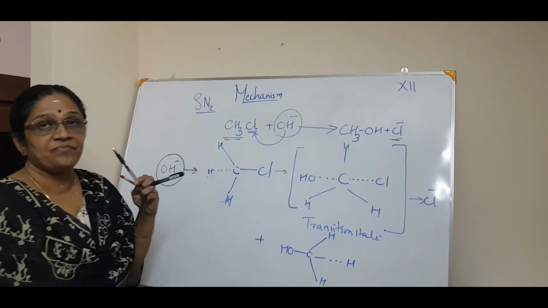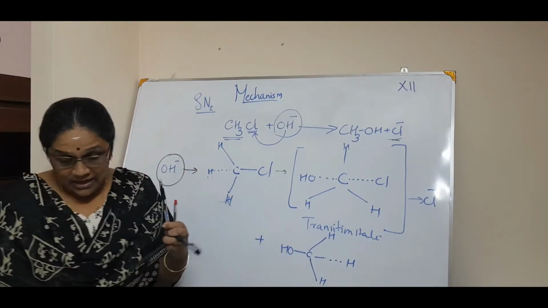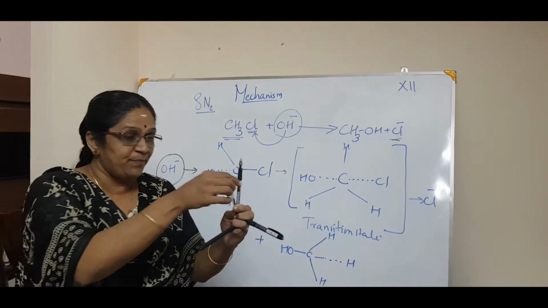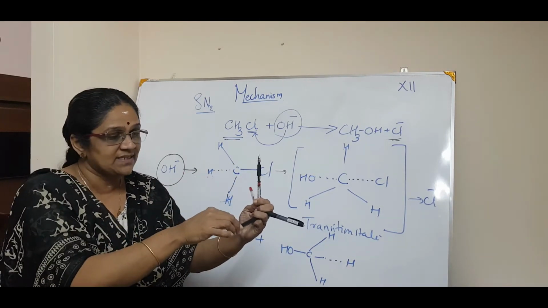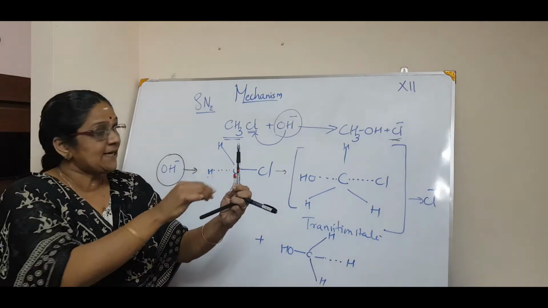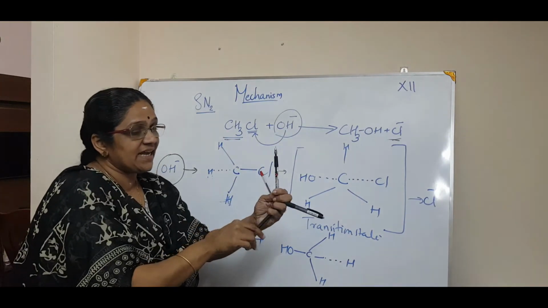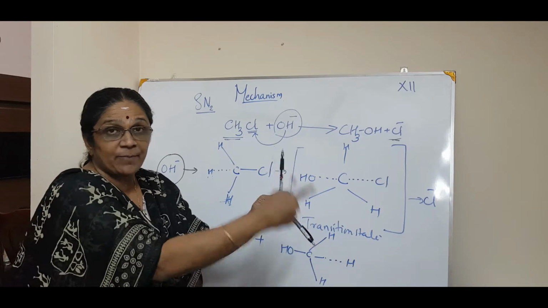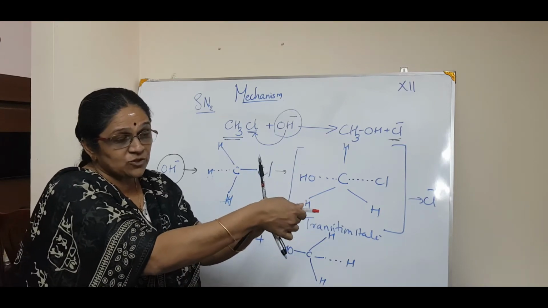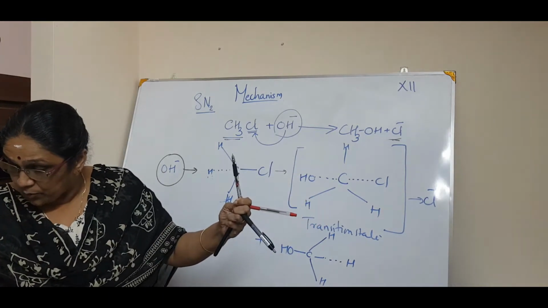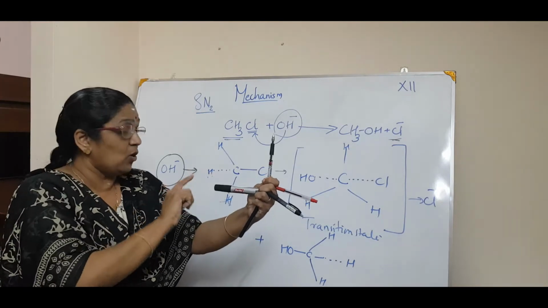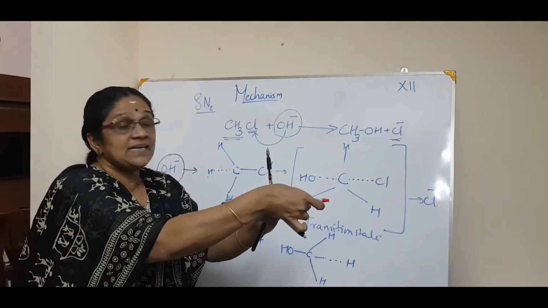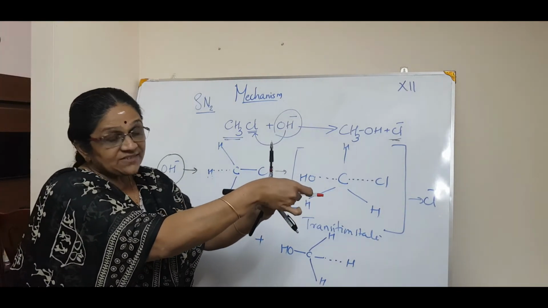In this visualization, the transition state is like a trigonal planar, and in both positions there is OH and Cl minus. So this is the transition state.